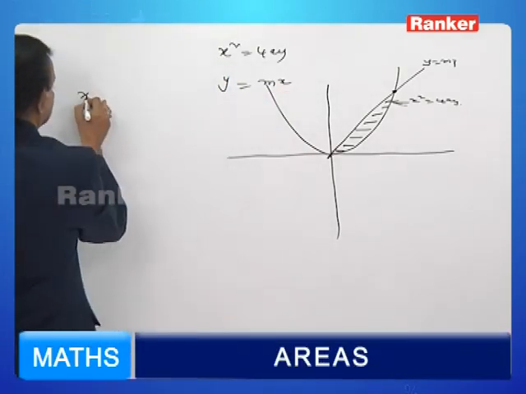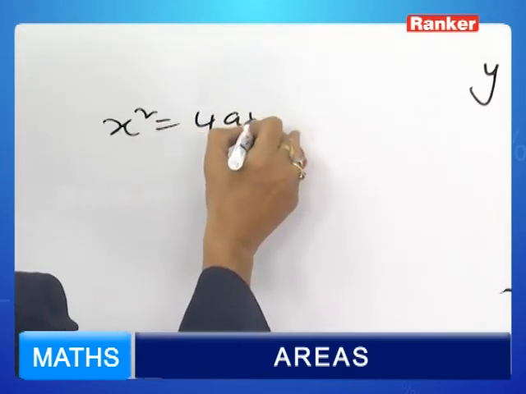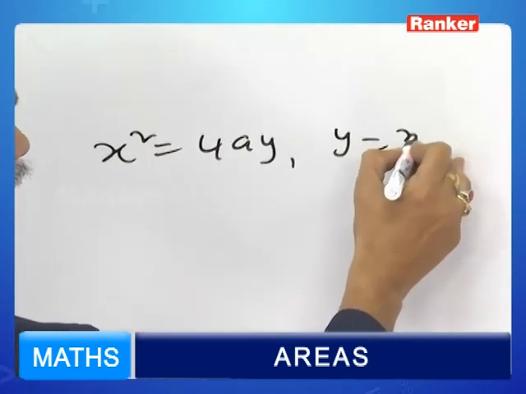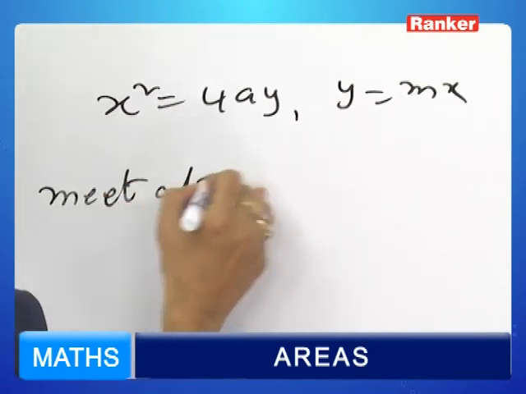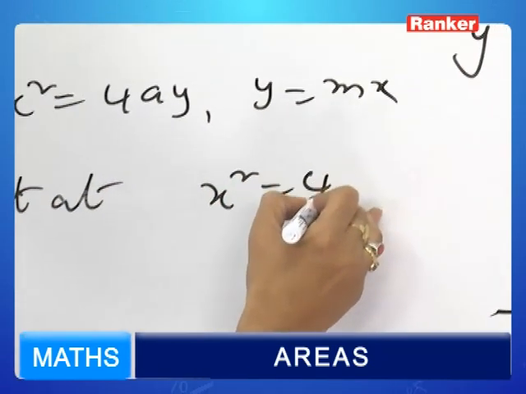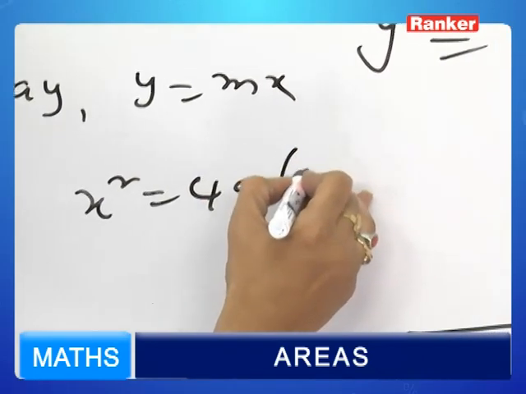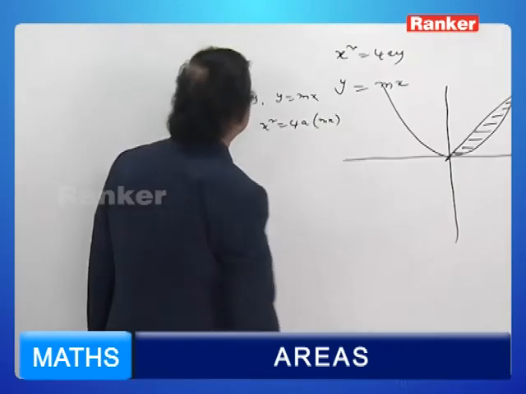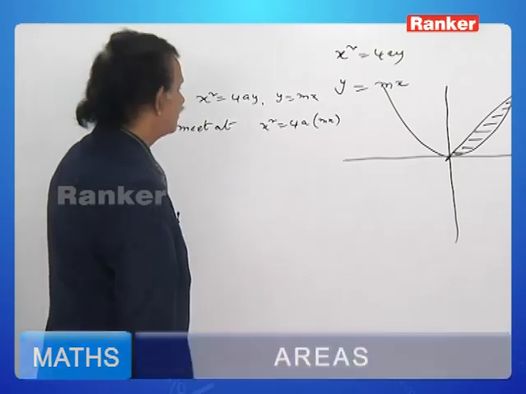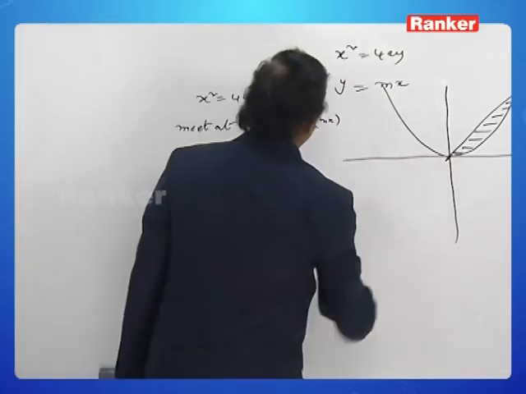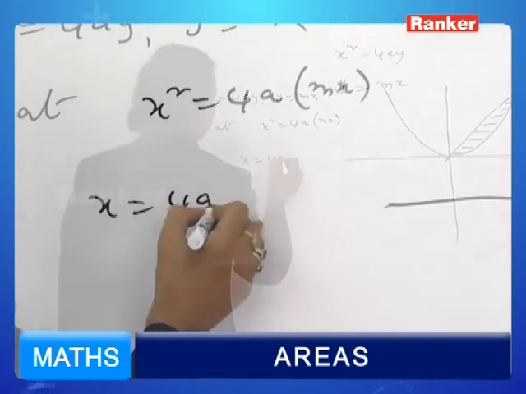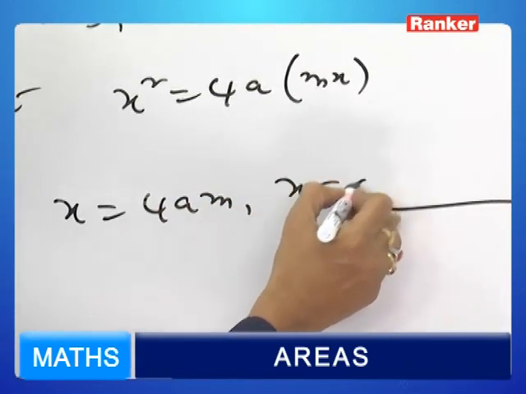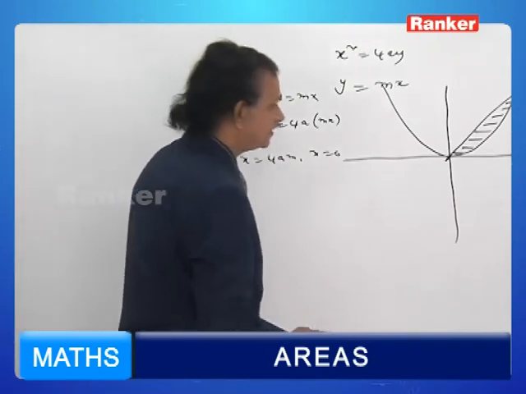How? x square is equal to 4ay and y is equal to mx meet at x square is equal to 4a into mx. Of course, if x is 0, 0, 0 is one point. If x is not 0, cancel x. x is equal to 4am and x is equal to 0 are the two points of intersection.